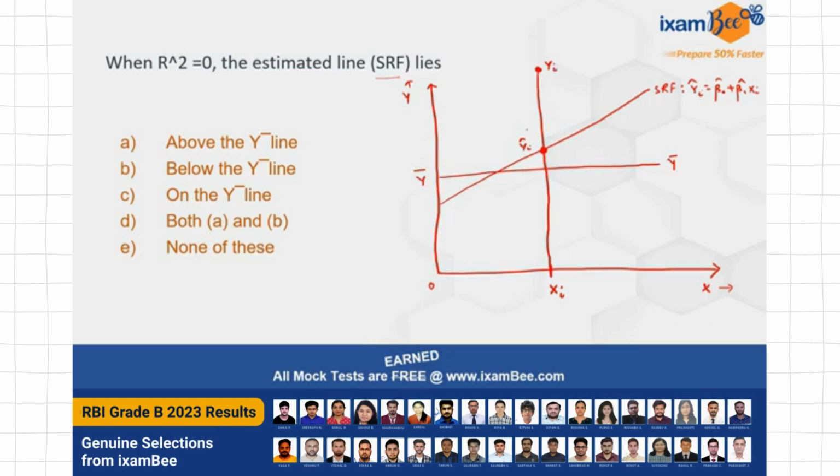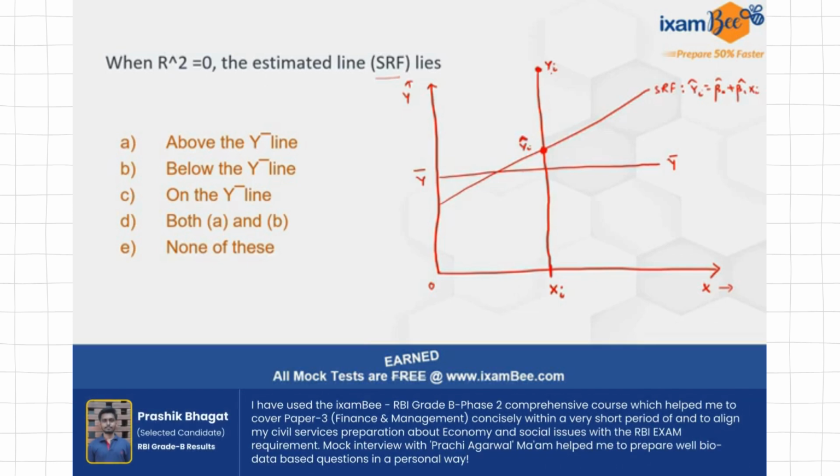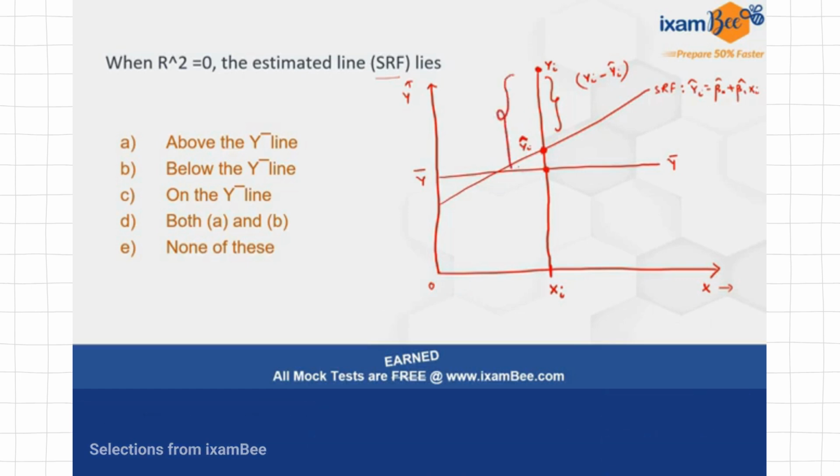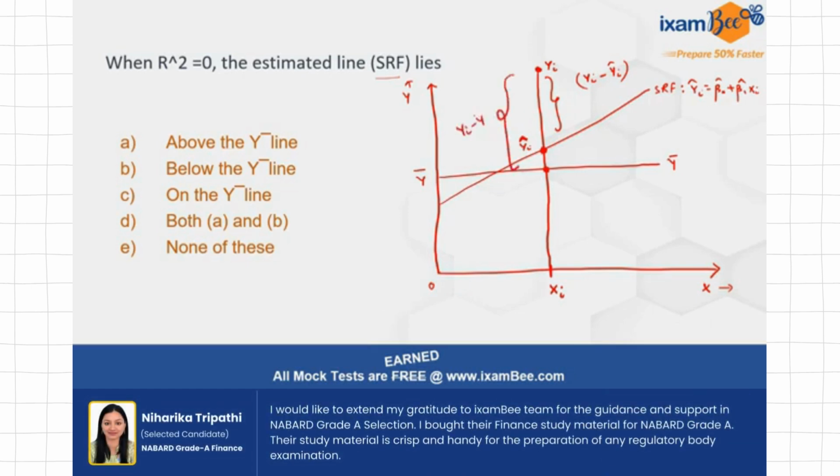The difference between these two is yi minus yi hat. And this point is the y-bar point. So this total distance will be yi minus y-bar, and this distance will be yi hat minus y-bar.